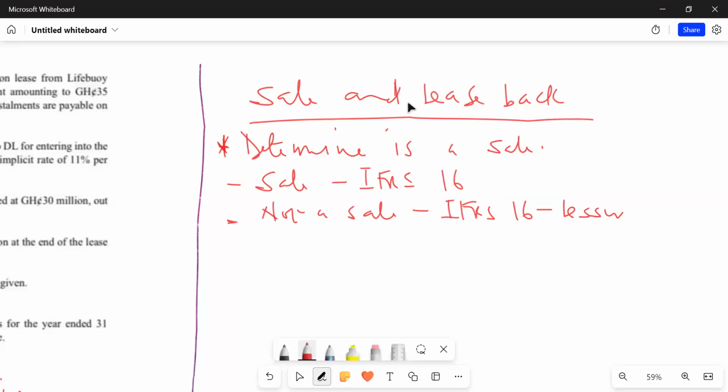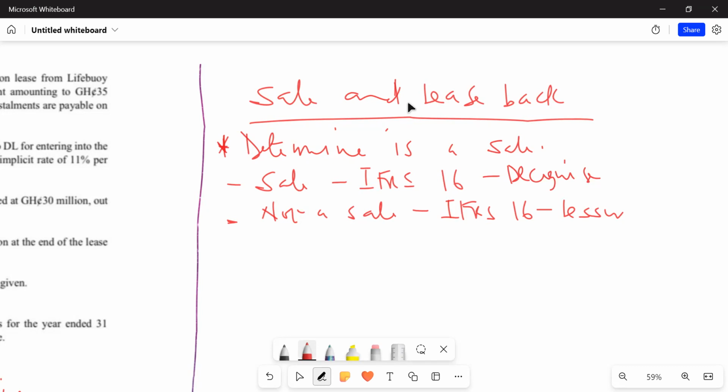If it is a sale, it means that ownership has been transferred to the customer, so we account for it under the provisions of IFRS 16, which gives us a provision for sale and leaseback. If it is not a sale, you are not going to do anything to the asset. But if it is a sale, the original owner will derecognize the asset, and recognize a right of use, lease liability and those ones.